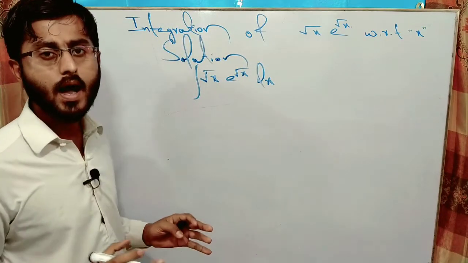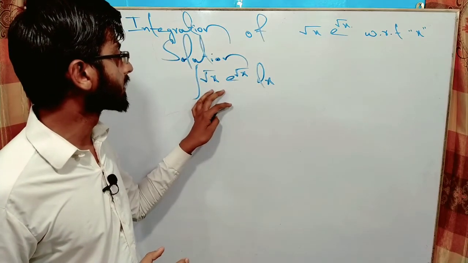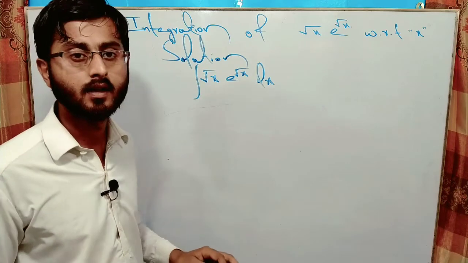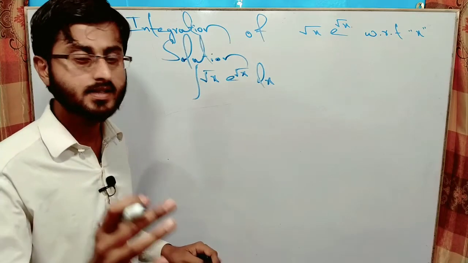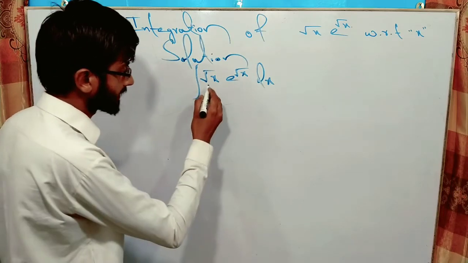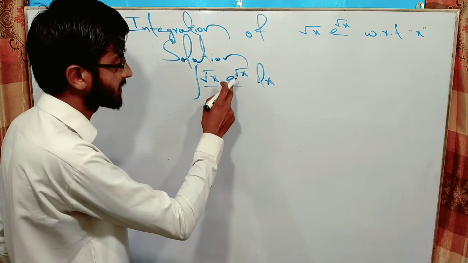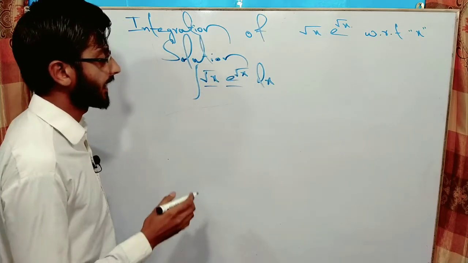In this video I will tell you about the integration of such functions in a very easy method. Here are two functions: one function is under root x and the second one is e under root x.